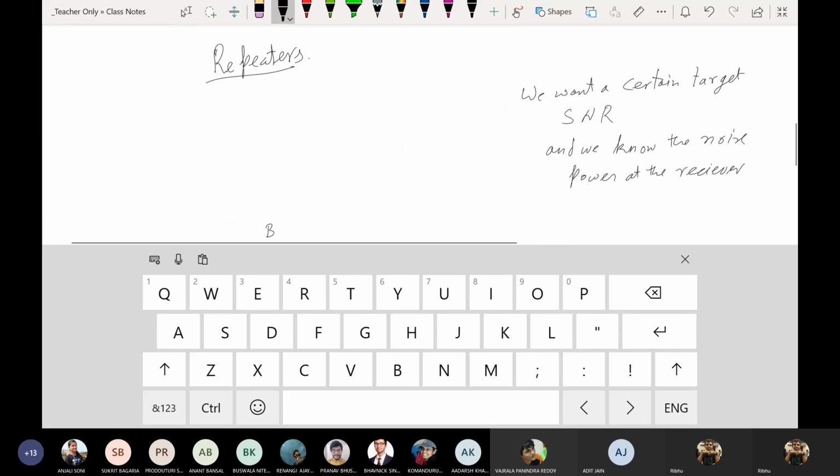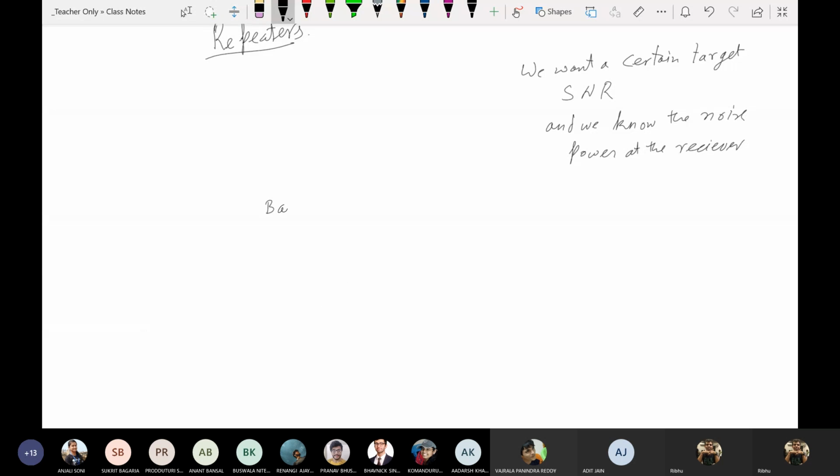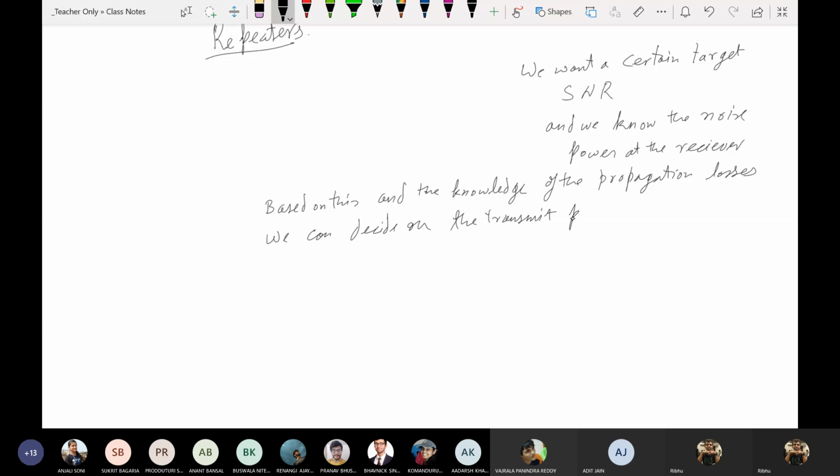So based on this and the knowledge of the propagation losses, we can decide on the transmit power, right?